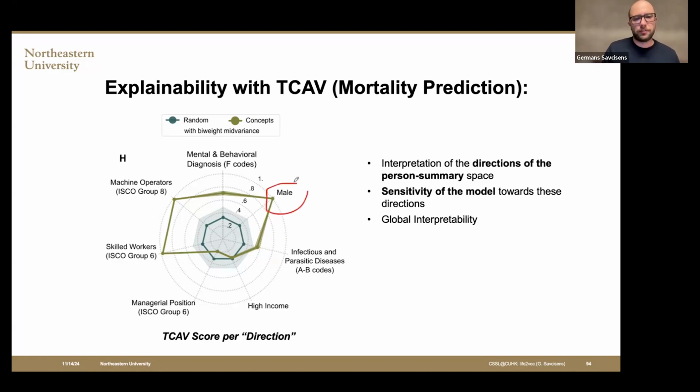And what we could see is that for the male direction, in all the cases, it's very sensitive. So you can also say that if you are a male, you would generally have a higher probability of death. Also, if you have a mental or behavioral diagnosis, in most cases, you would also have an increased probability of death. If you work in some kind of manual job, same effect. There is no effect if you are working in some kind of high earning position, and so on and so forth.